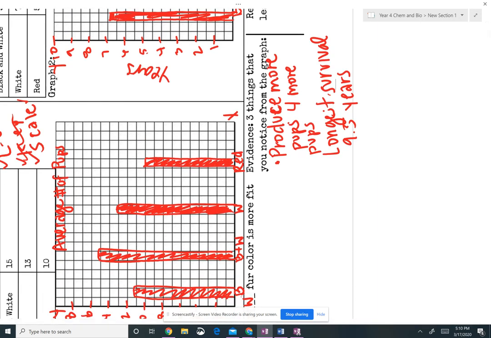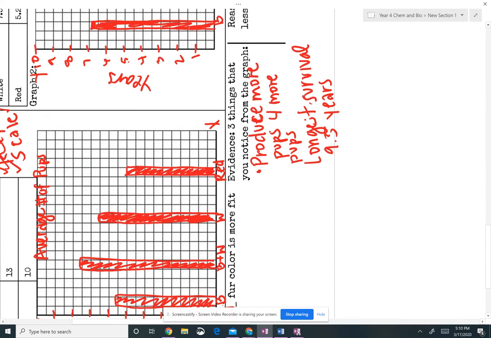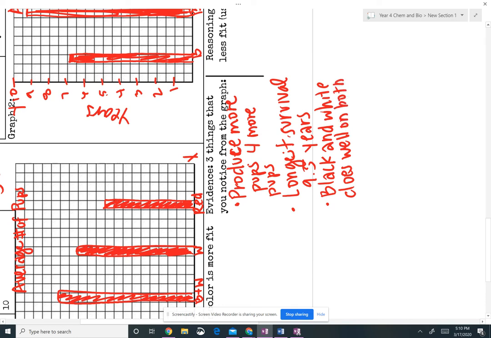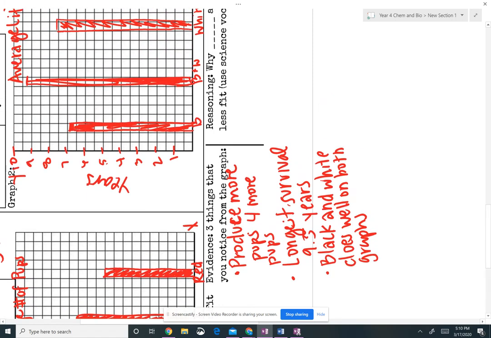So those are the 3 big things that you notice. And on both graphs, the black and white does well. So those are your big things.